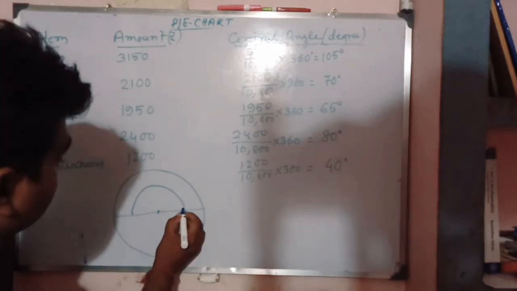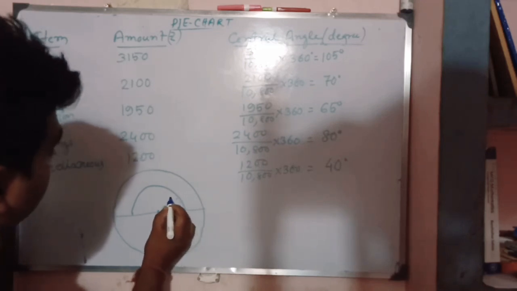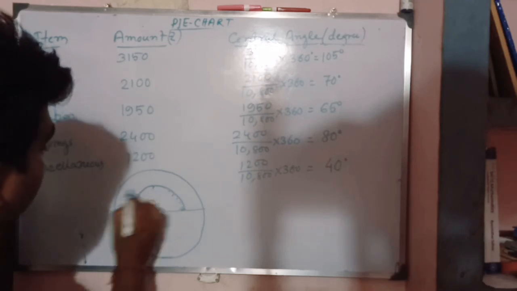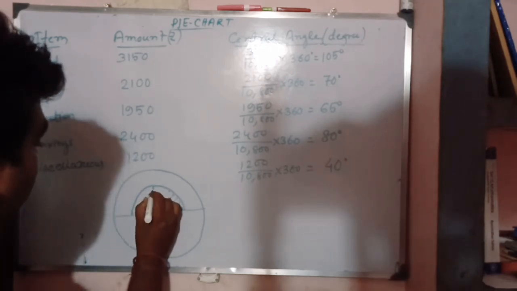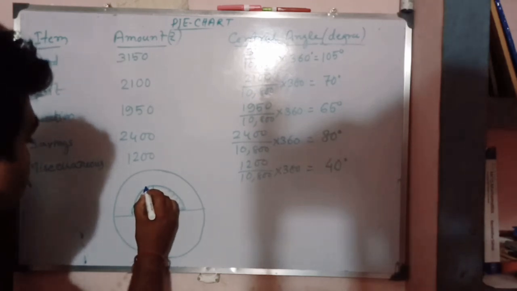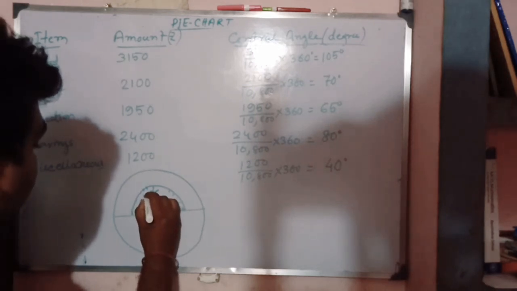If it starts, this is 0 degree, this is 10, this is 20, this is 30, like that, and this is 90. Understood? This is 90 degree. Then this is 100 degree, and suppose we take 105 degree.